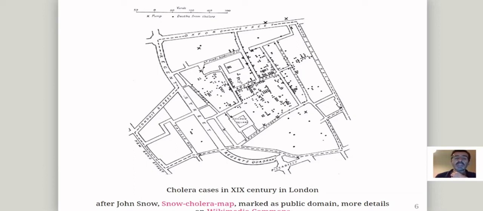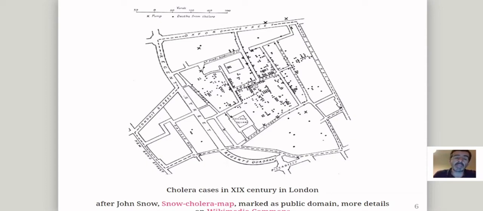The other important aspect that John Snow showed in his map was the location of the water pumps. In Broad Street, as you can see, there is a high concentration of dots. A lot of the cases were concentrated in this area where there was this water pump. So we can say that there was some kind of clustering around this water pump.